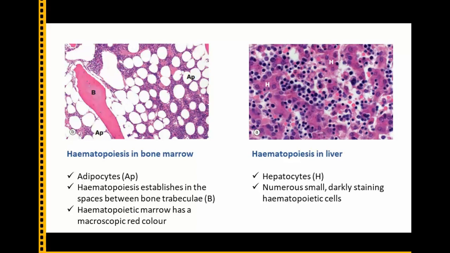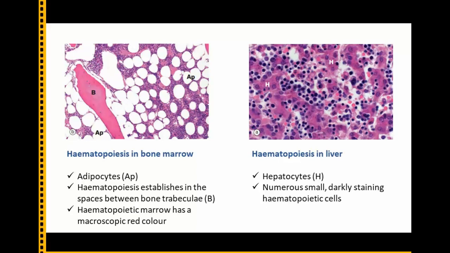So, we discussed that hematopoiesis can occur in liver sinusoids as well as the bone marrow. This one shows how red marrow will be visible in a histology slide. It has adipocytes, and hematopoiesis occurs in the bone trabeculae.